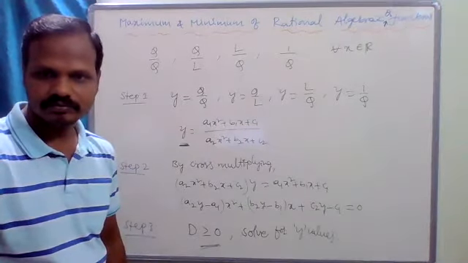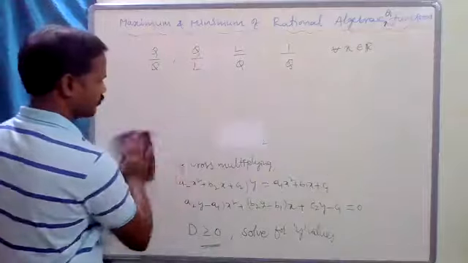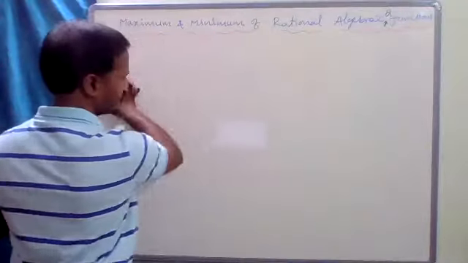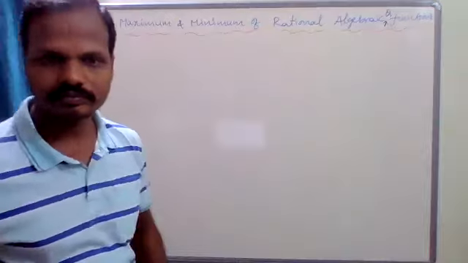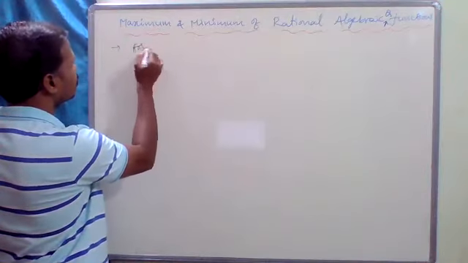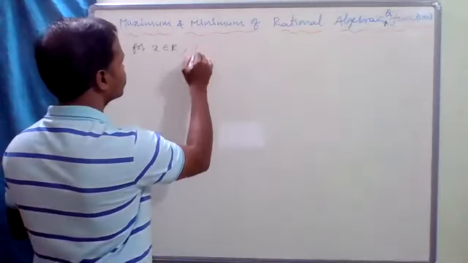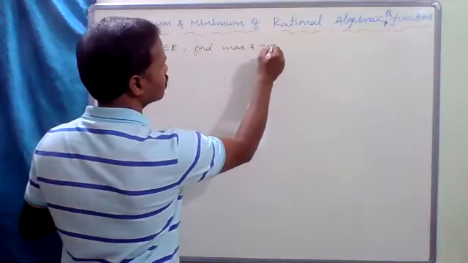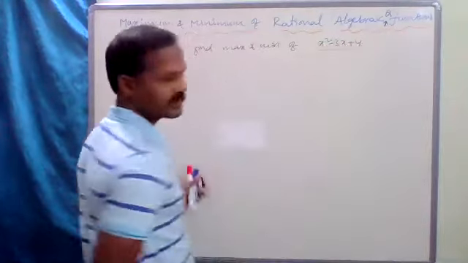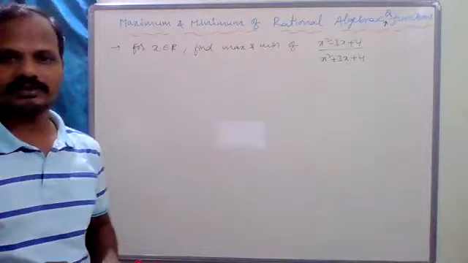Okay, so the problem is, for x belongs to R, find the maximum minimum of x square minus 3x plus 4 by x square plus 3x plus 4. So this is the problem.